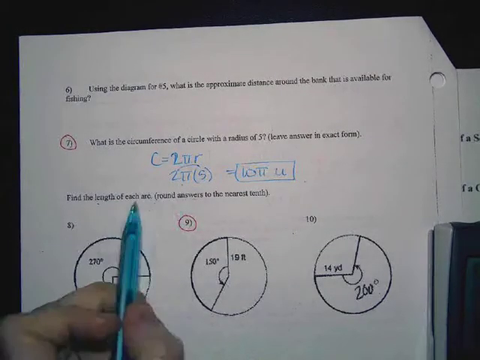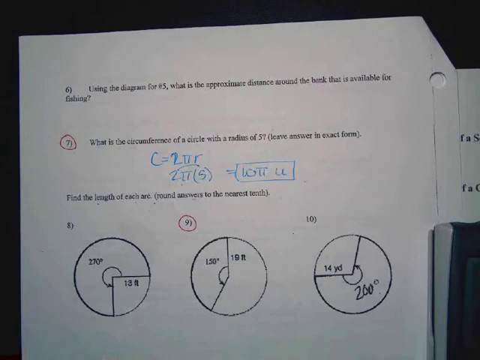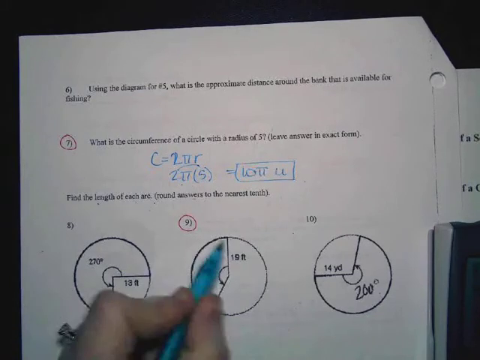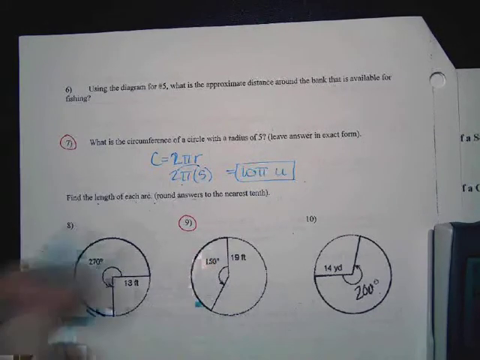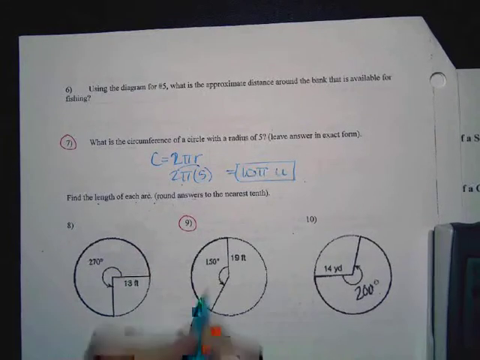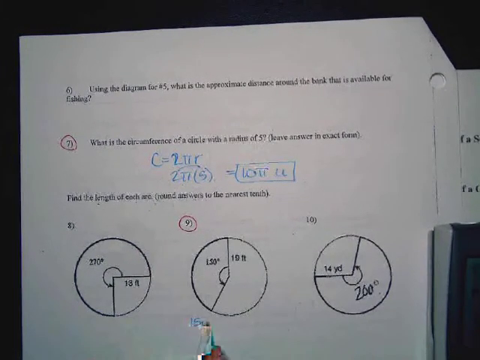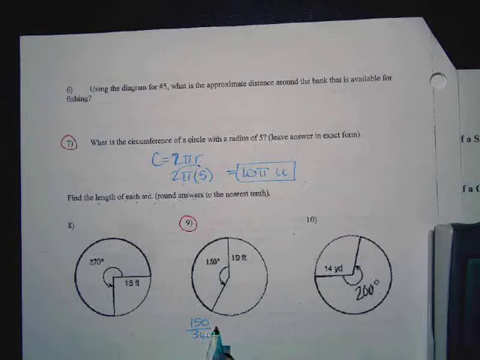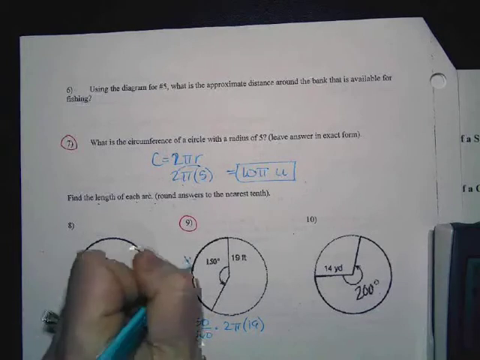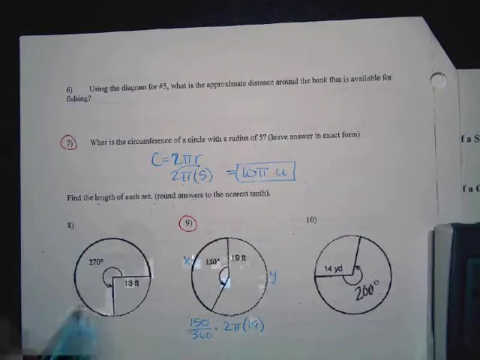Number 9, find the length of each arc. Round your answers to the nearest tenth. If we're doing the left side, the darkened side, the arc length formula is the measure of that arc, 150 divided by 360 times 2 pi r, where the radius is 19. We'll call this side x, and we'll call the other side y.